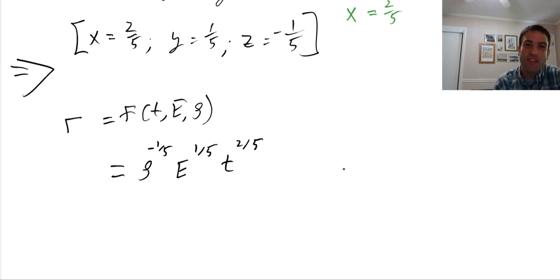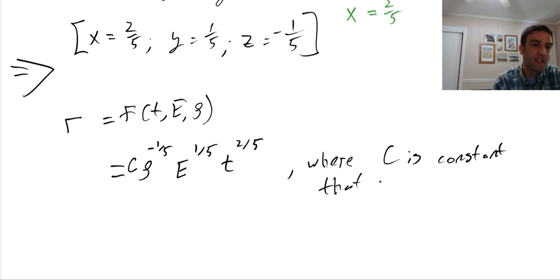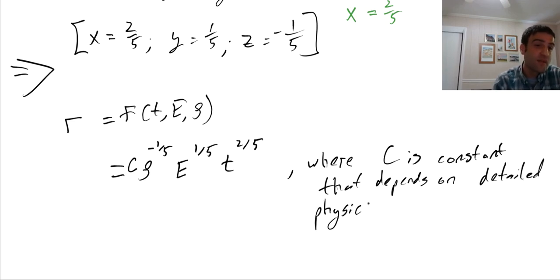Up above, I think I called that f star. Here, I'm just going to call it c, some constant that depends on detailed physics. A priori, you don't necessarily know what c is exactly equal to without doing a detailed calculation.